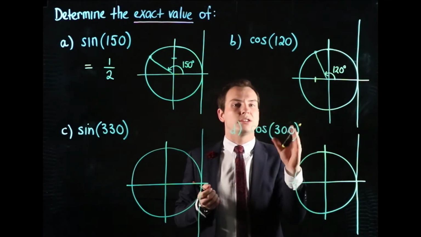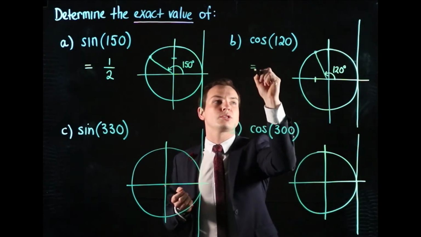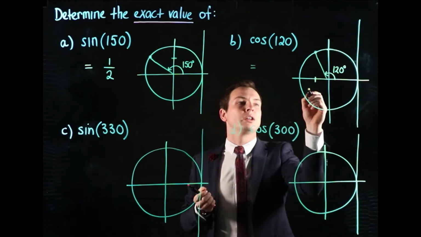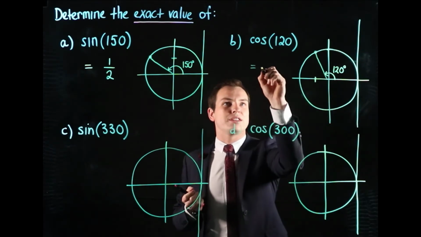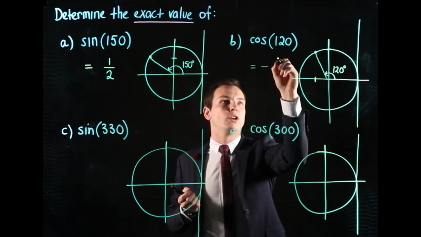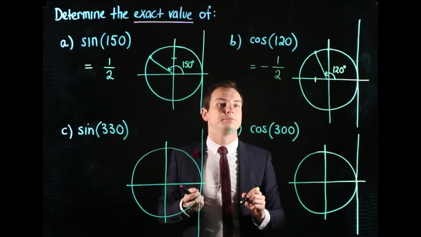So remember those patterns of root 1 on 2, root 2 on 2, root 3 on 2. This is going to also give us root 1 on 2. But the trick here is we're on the negative side of the x-axis. So the answer is actually going to be negative root 1 on 2, which is just negative 1/2.